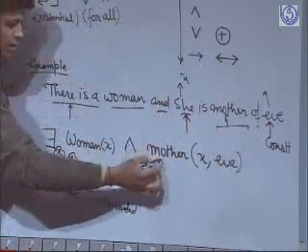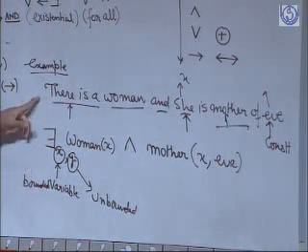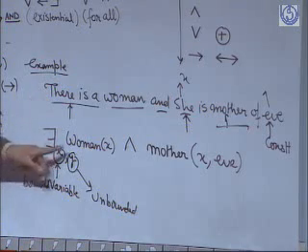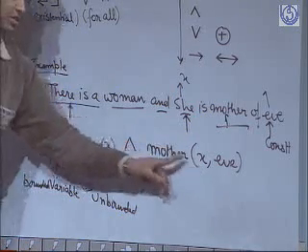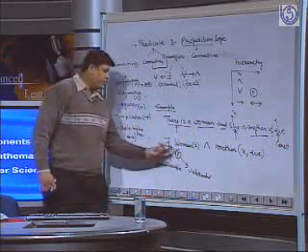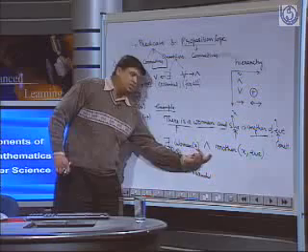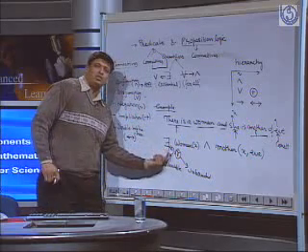So the mother part should precede. Now this is a mathematical statement for this English statement: there exists some x, x is of type woman and x is mother of Eve. So here we are using the logical connectives and the quantifier part.